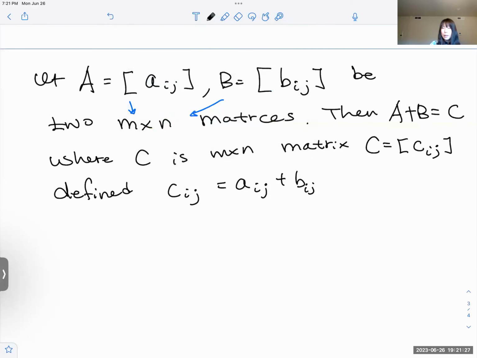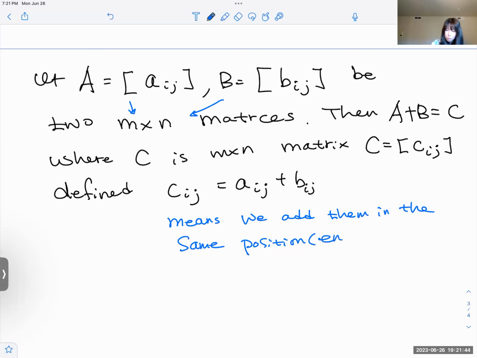So we add them in the same position, which is the same entry.